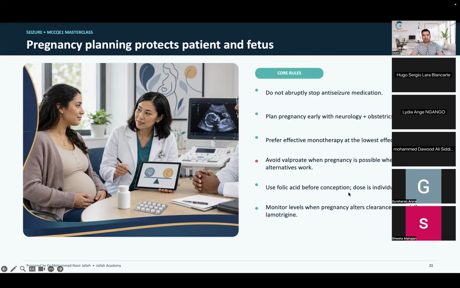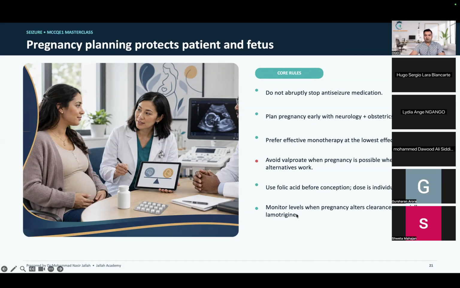Always, regardless of the seizure, we usually ask the patient to start at least 3 months before pregnancy and continue until 3 weeks after pregnancy or during pregnancy. Then based on the condition, we decide what to do: increase it, decrease it, or after delivery, whether to still continue it. Monitor levels, since pregnancy alters lamotrigine clearance.